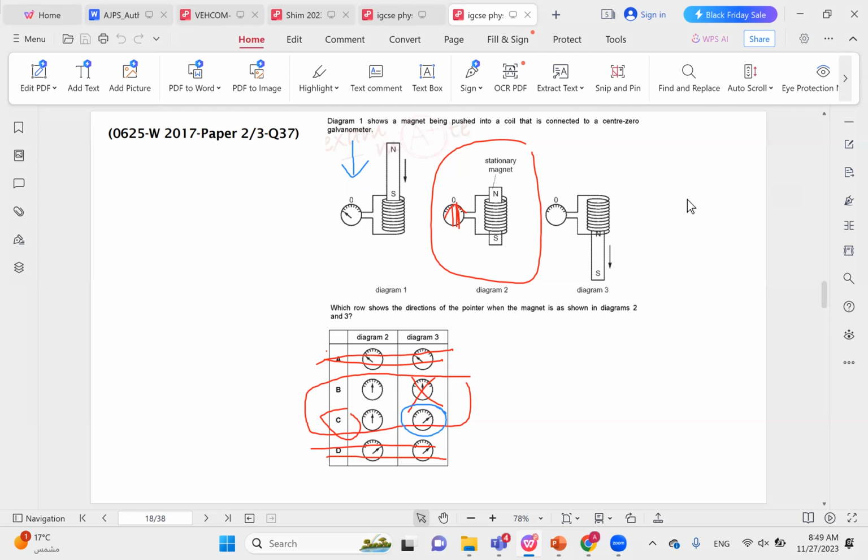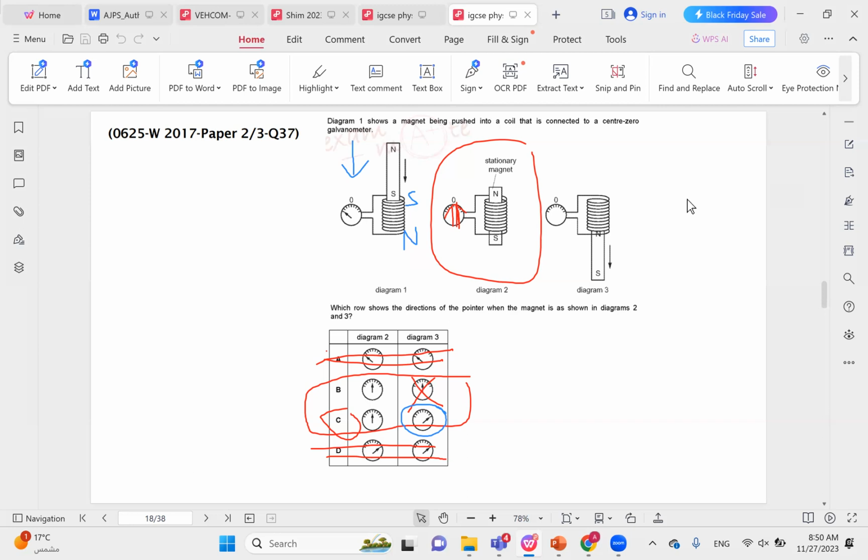So the magnet is moving down, so the induced current must be generated in such a way as to resist the magnet. To resist the magnet here, you want to push it up. So to push it up, you get south here and north here, so that S and S repel each other and the magnet moves up.